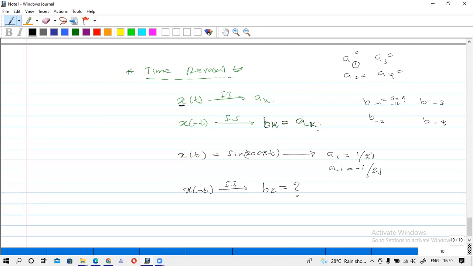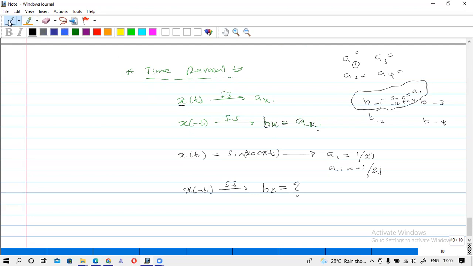So a_-(-1) means a_1. So b_-1 is equal to a_1. Correct? Did you get this?